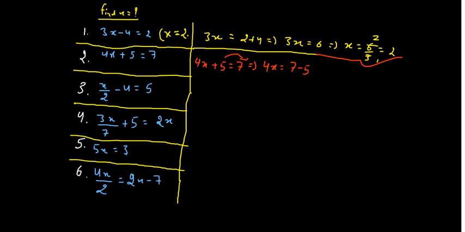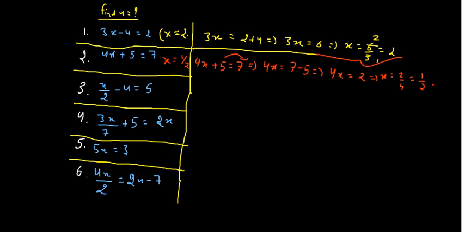So 4x is equal to 2. Now x is going to be 2 divided by 4, which means 1 by 2. Well, you can write 0.5 also. So x is equal to 1 by 2 in this case. So we have solved the second one.